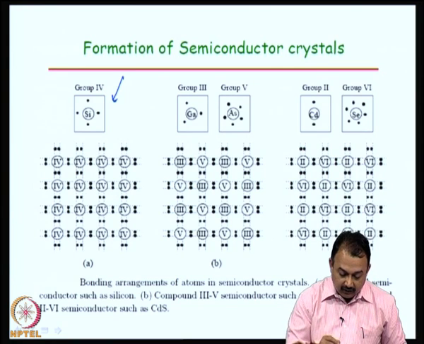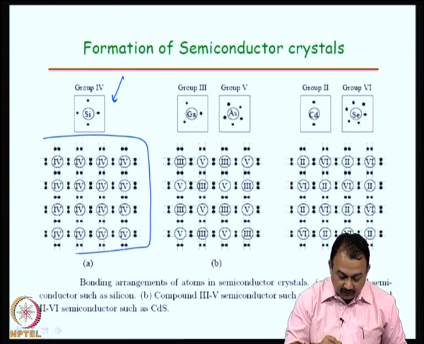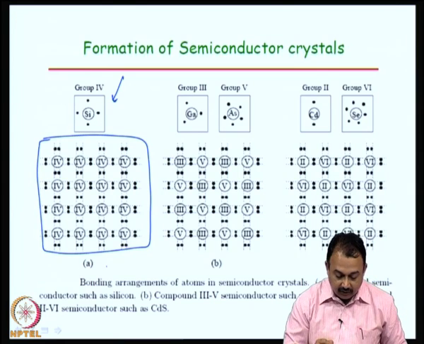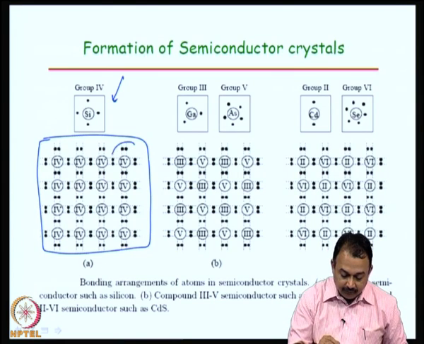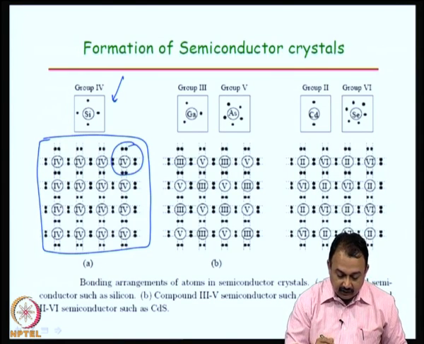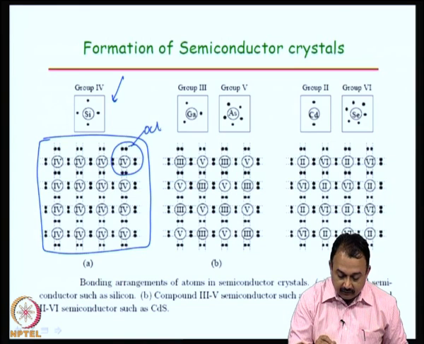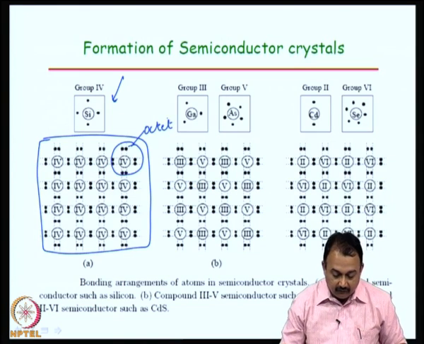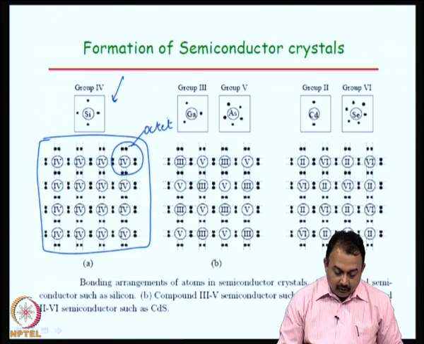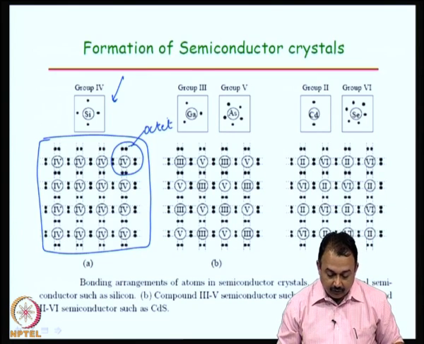Silicon forms covalent bonds, so you require an octet. Sharing of electrons is done by silicon to another silicon atom. That is how you get the 8 electron complete octet. All of you are aware of this basic electronic configuration of elements in the periodic table.